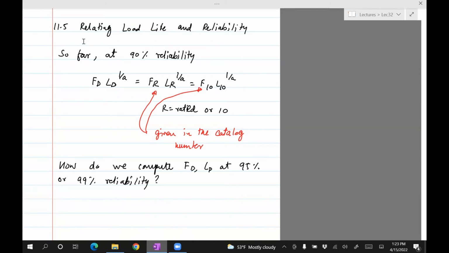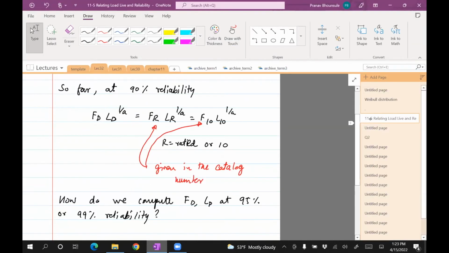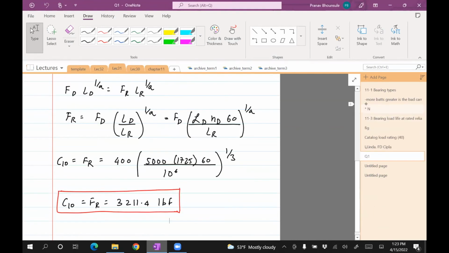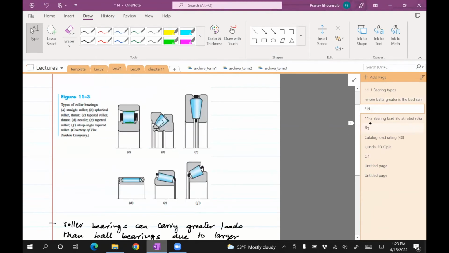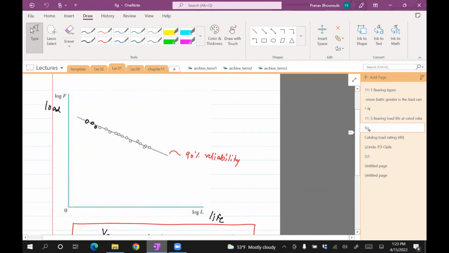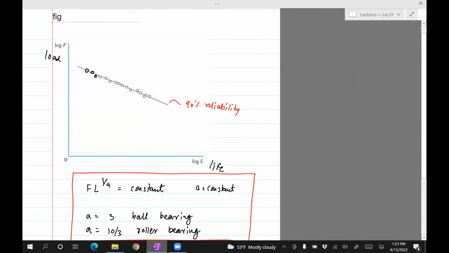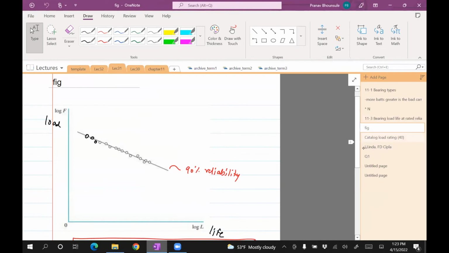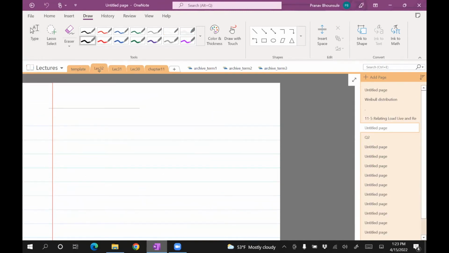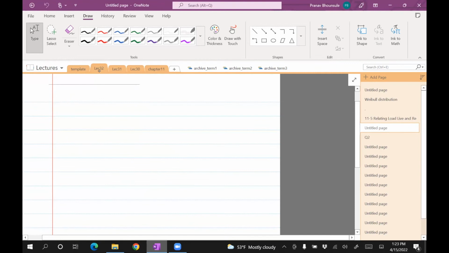Okay, so before that, let me draw that curve. This is a curve I had shown. See, where is that? Yeah, right here. So a curve of log F versus log L is a straight line, as you can see, and that is at 90% reliability. So let me just draw that curve first.